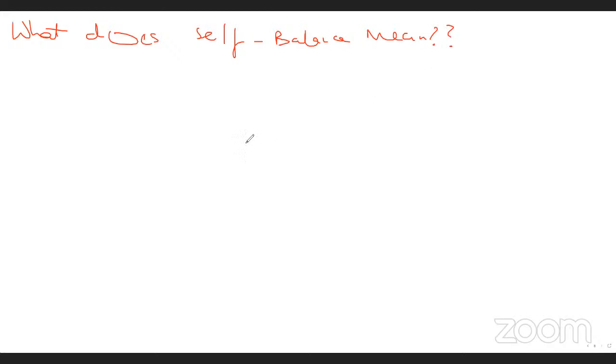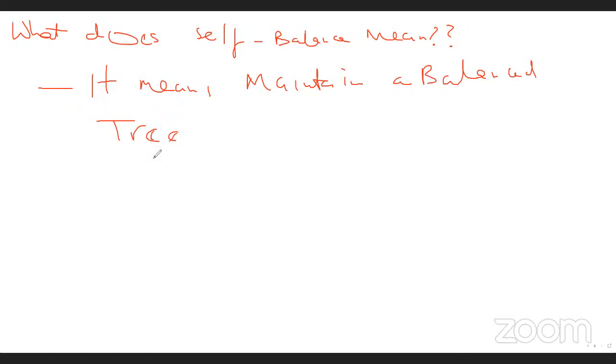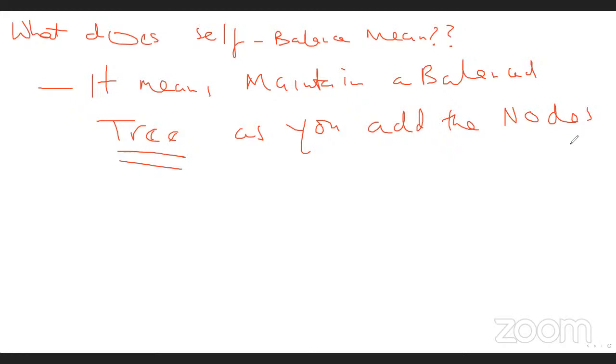But what does self-balancing mean? It means maintain a balanced tree as you add the nodes.